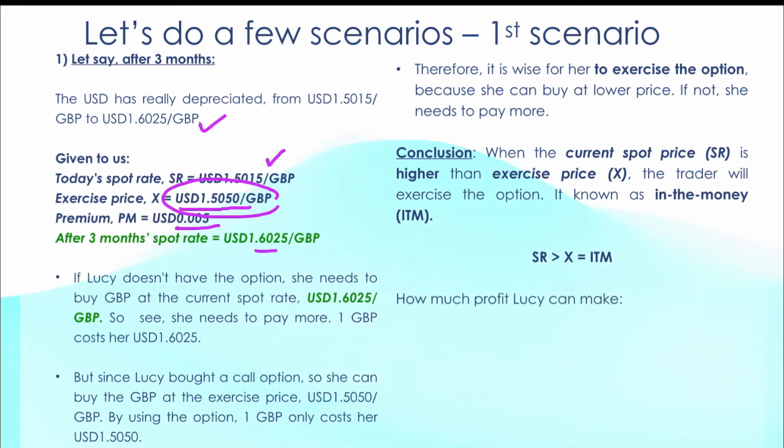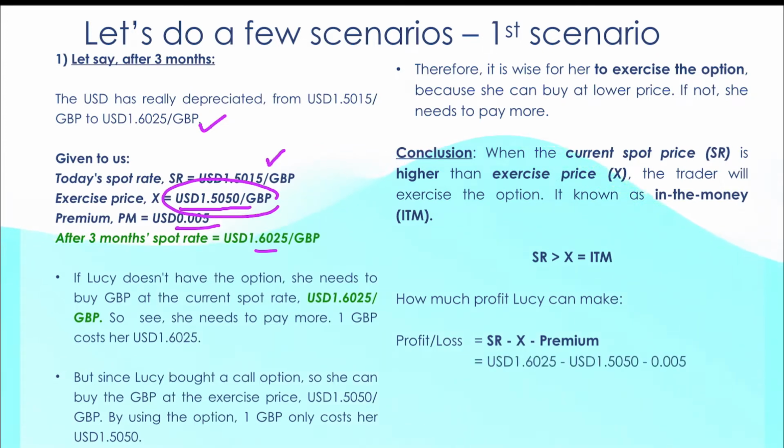So how much profit can Lucy make? To calculate the profit: spot rate minus the exercise price minus the premium. So 1.6025 minus 1.5050 minus 0.005, because the premium is the cost that Lucy bears in the beginning to buy the option.